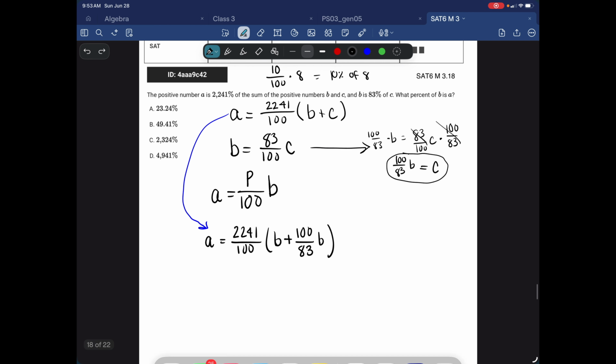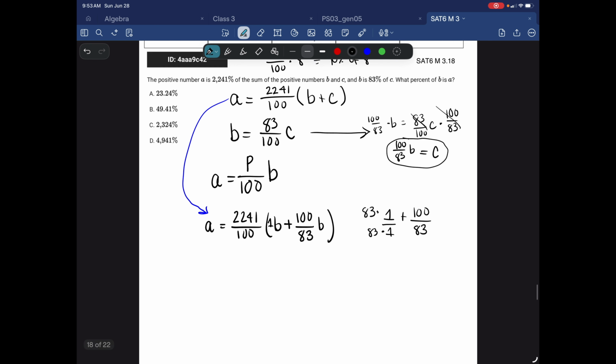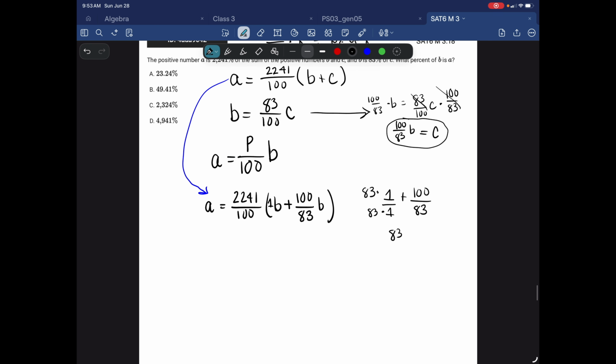But I can combine the B's here because this is 1B plus 100 over 83 B. So to add these, I need a common denominator. I put this over 1, and I can multiply top and bottom by 83. So then I have 83 over 83 plus 100 over 83. Now I can just add across. So I have 183 over the common denominator, 83.